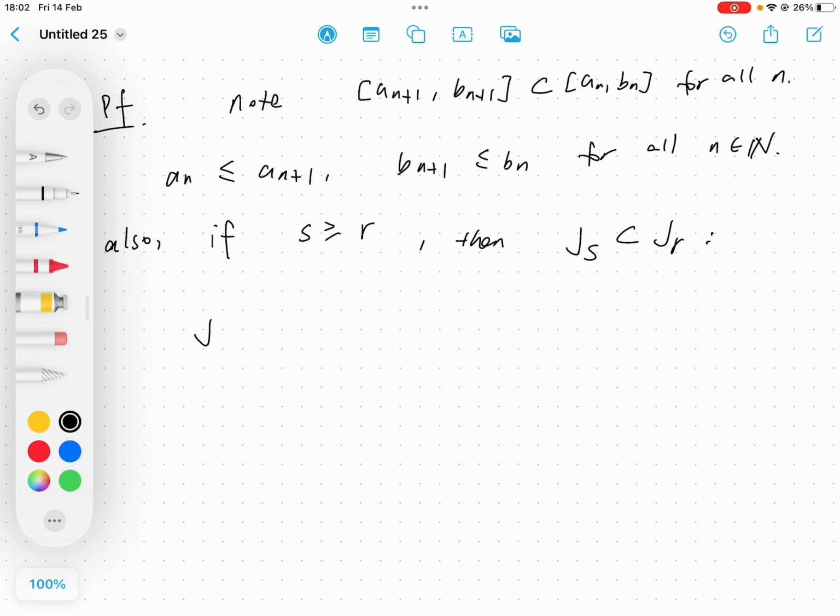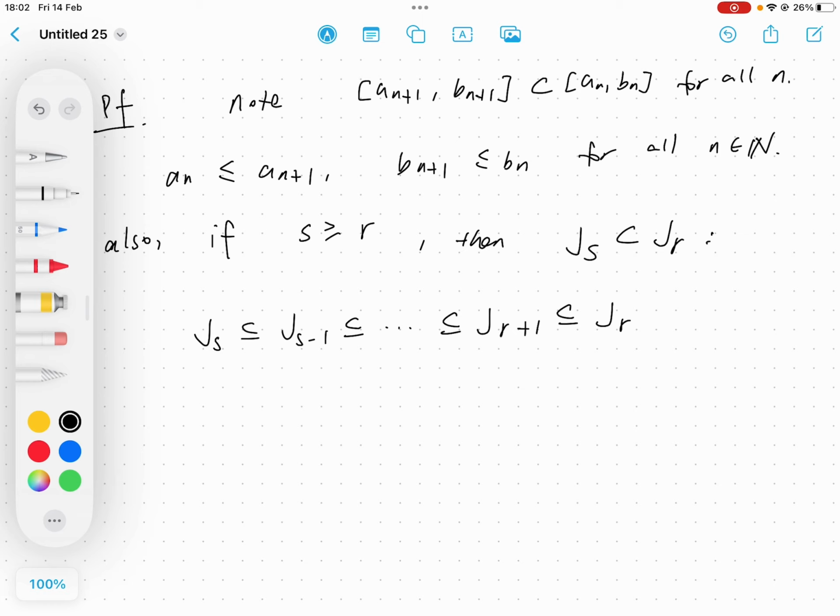So we're going to have Js, which is the smallest one, right? So that would be contained in Js minus 1, and so on and so forth. And we're going to have some Jr plus 1, but the next will be Jr.